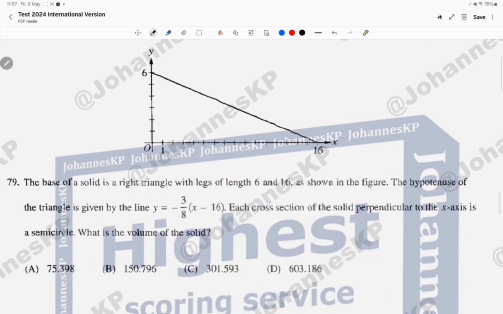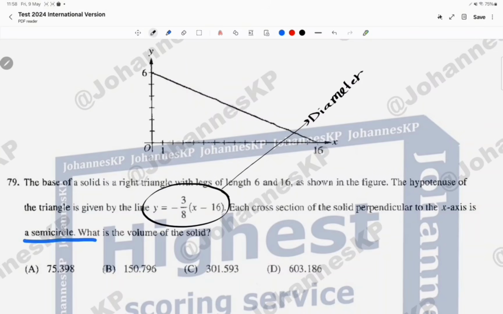79. They're saying it's a semicircle. Whenever they say the cross section is a semicircle, that means the equation they gave you is the, actually wait, here it says the hypotenuse. So this is going to be the diameter, what they gave you.